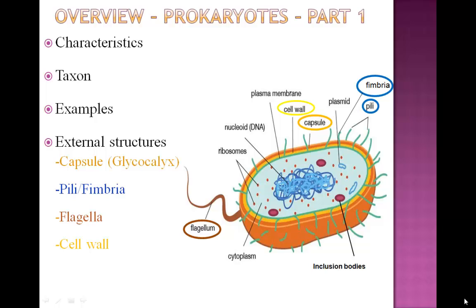Then we will look in detail the external structures of the prokaryotes, which are the capsule, shown here in orange, the pili and the fimbria, shown as blue lines all over the surface of the bacteria, the flagella, shown in dark orange, and the cell wall, shown in yellow. We are choosing the bacteria as the main representative of the prokaryotic cell.